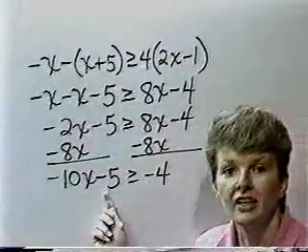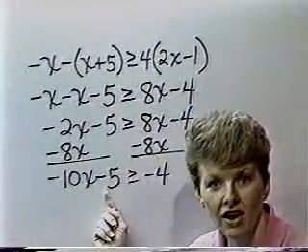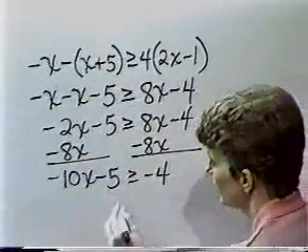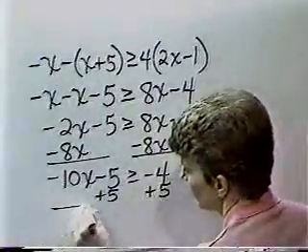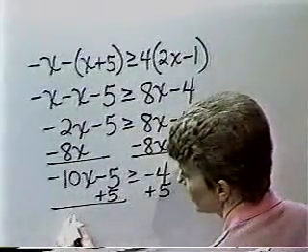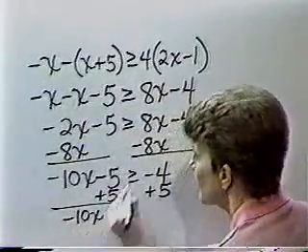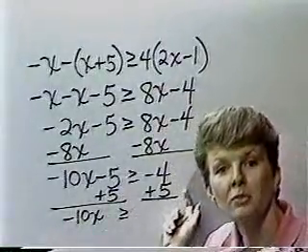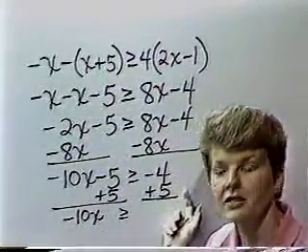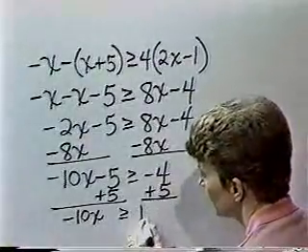Then I'll move this negative 5 by adding 5 to both sides of my inequality. So add 5. And I'll have negative 10x is greater than or equal to negative 4 plus 5, or positive 1.